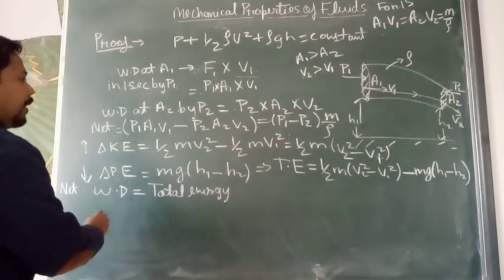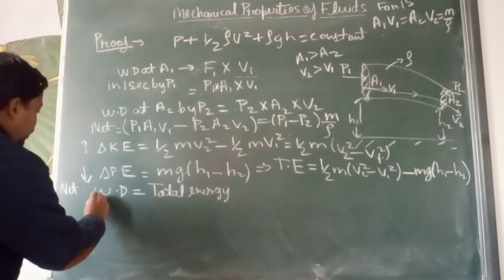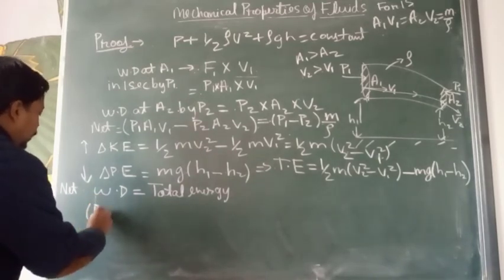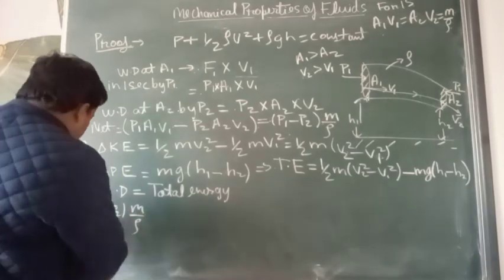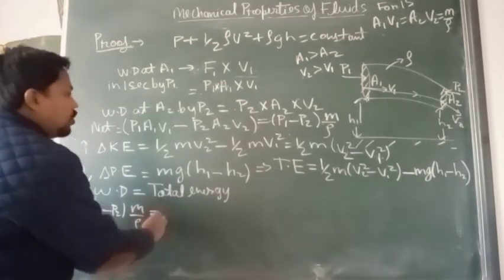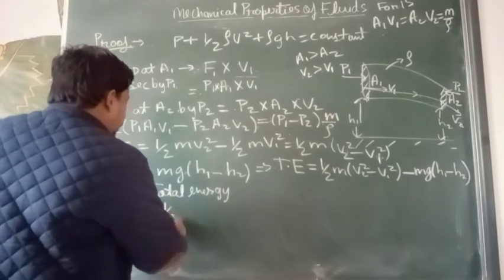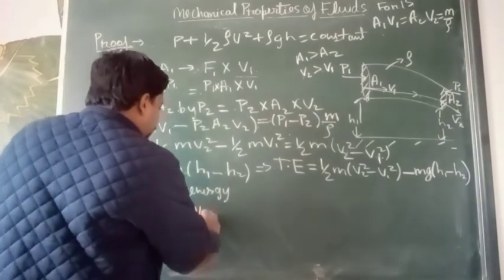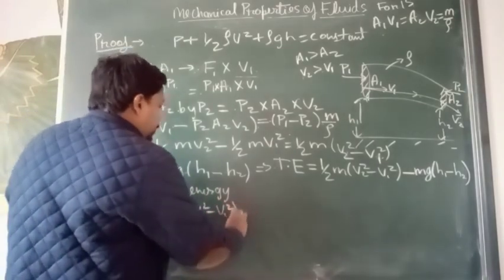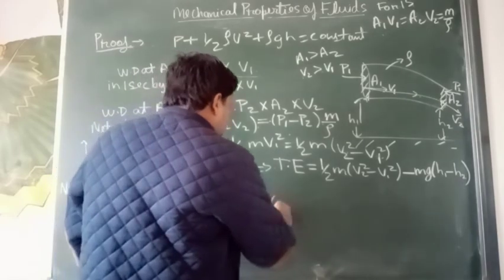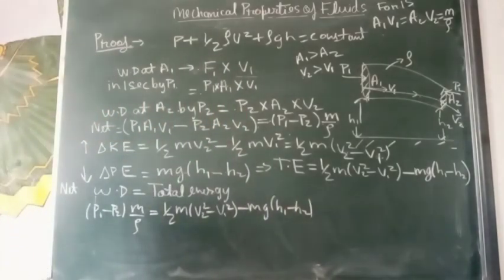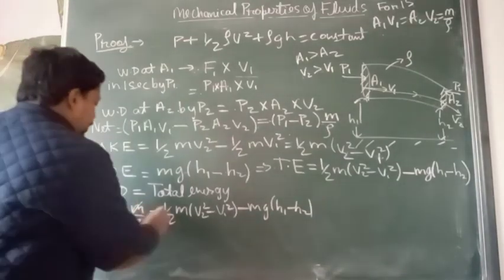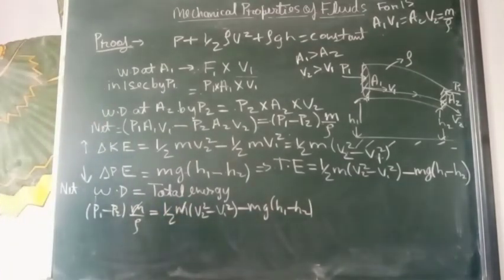While placing, we get P1 minus P2 times m upon rho is equal to half of m (V2 square minus V1 square) minus m g (h1 minus h2). From here you can see that the mass term will cancel out.